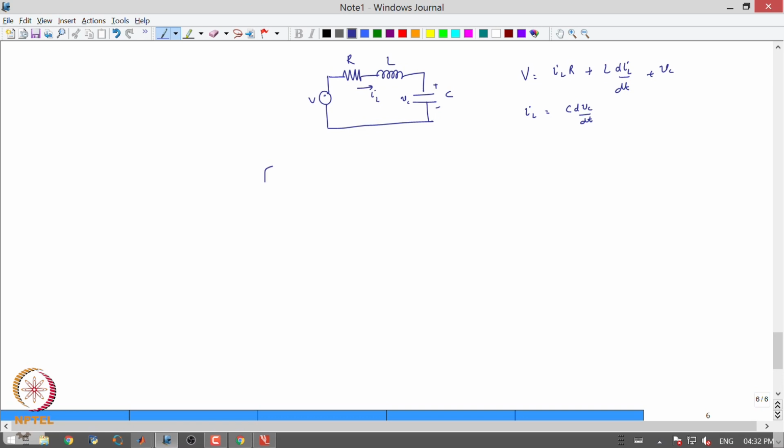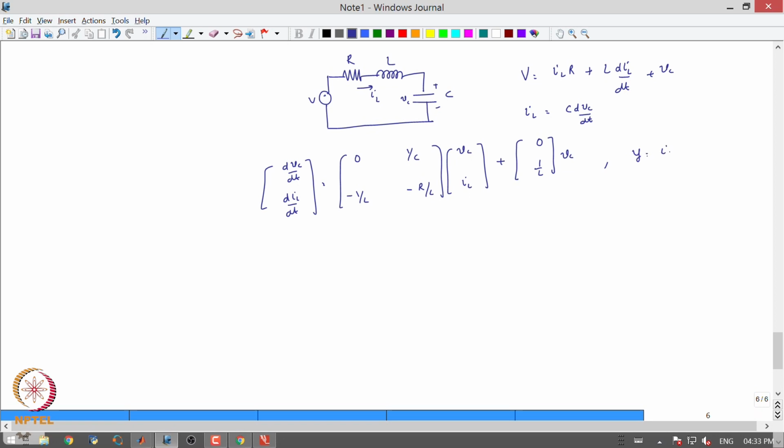Okay, so I can write an equivalent state space form in the following way. dVc by dt and dIL by dt is [0, 1 over C; minus 1 over L, minus R over L] times [Vc, IL] plus [0; 1 over L] times V, and let us say that the output is just IL.